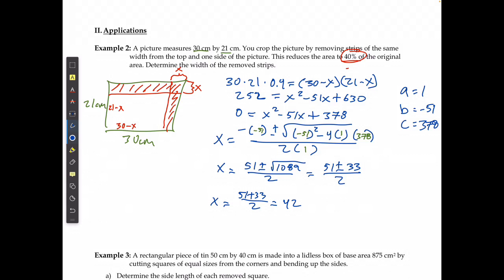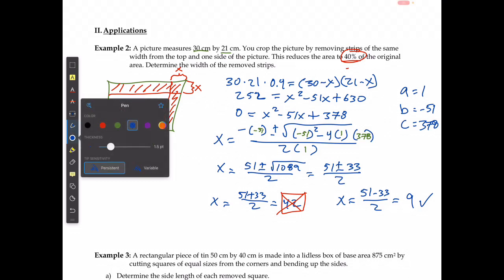I can't cut off more than what I had, which means that that can't be the correct answer. So I got to look at the other possibility. X is equal to 51 minus 33 over 2, and this gives me 9. This answer would make sense given my problem.